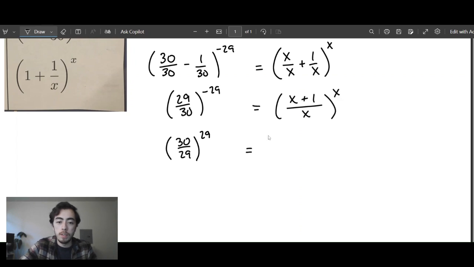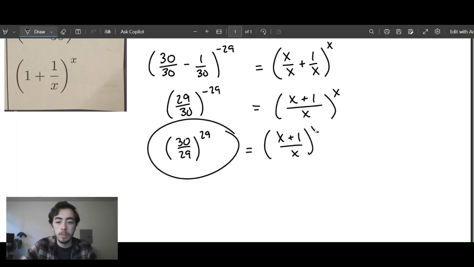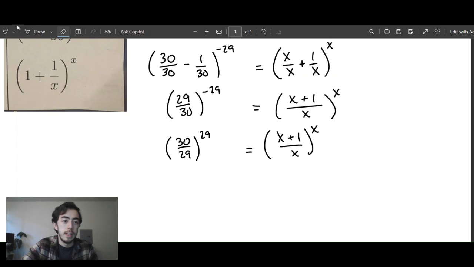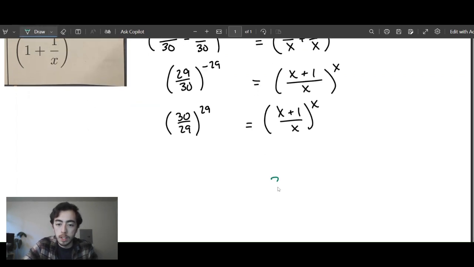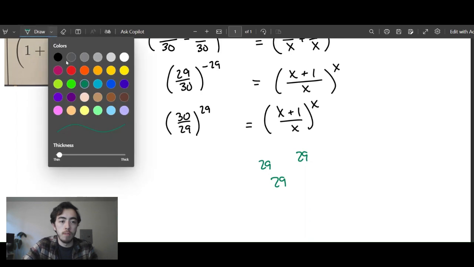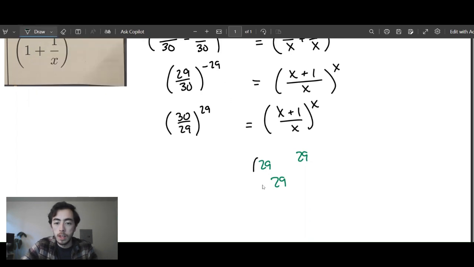I'm just trying to figure out if there is some value of x that matches the value that I got earlier. And it seems like there is. It looks like I'm allowed to slot in a 29 in the denominator, a 29 in the exponent, and then a 29 for that value of x in the numerator. Everything else stays exactly the same, including that plus 1 that's still right here.